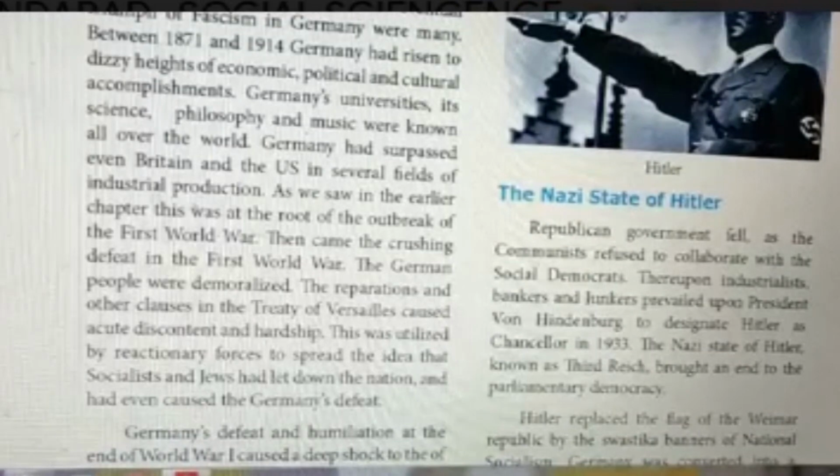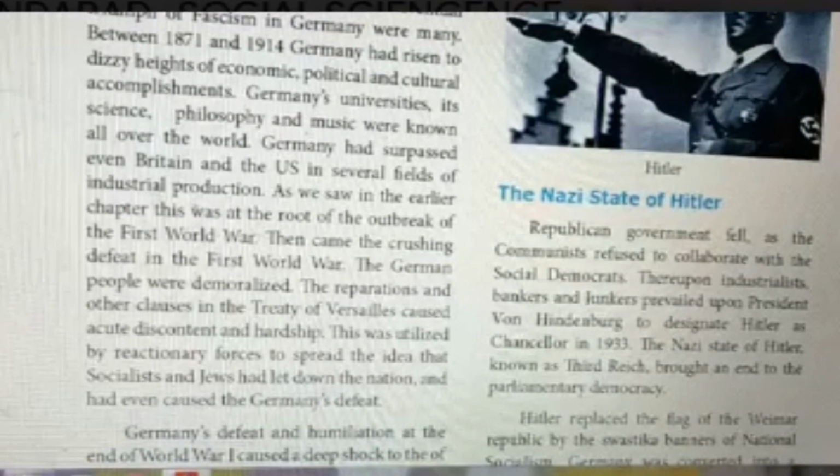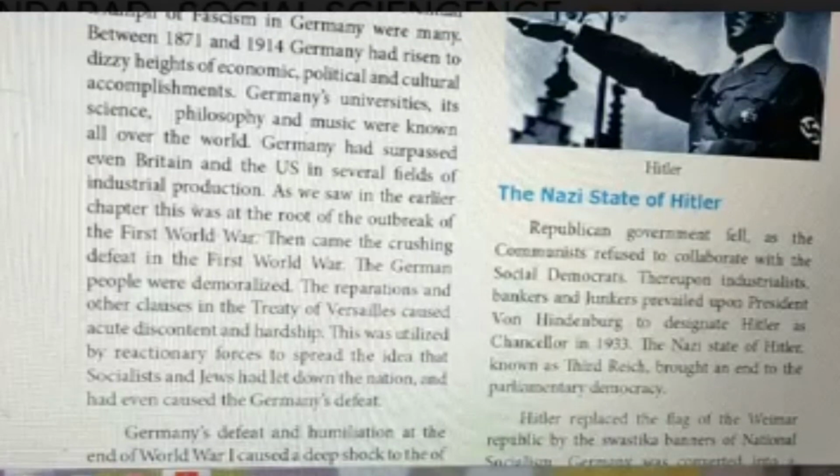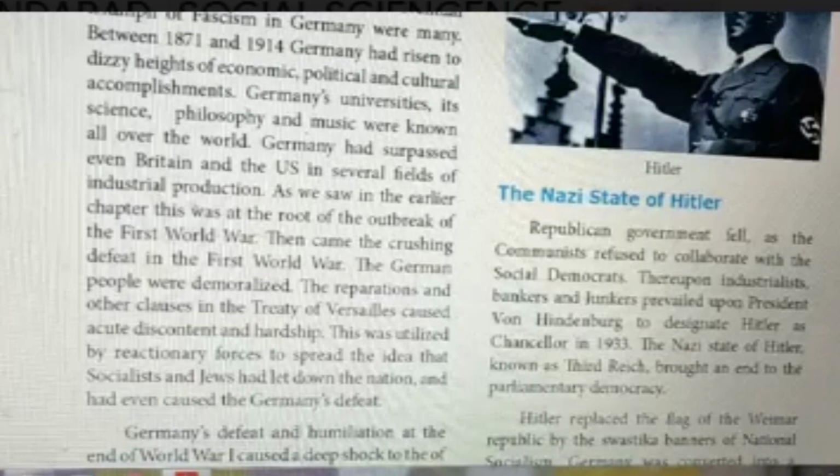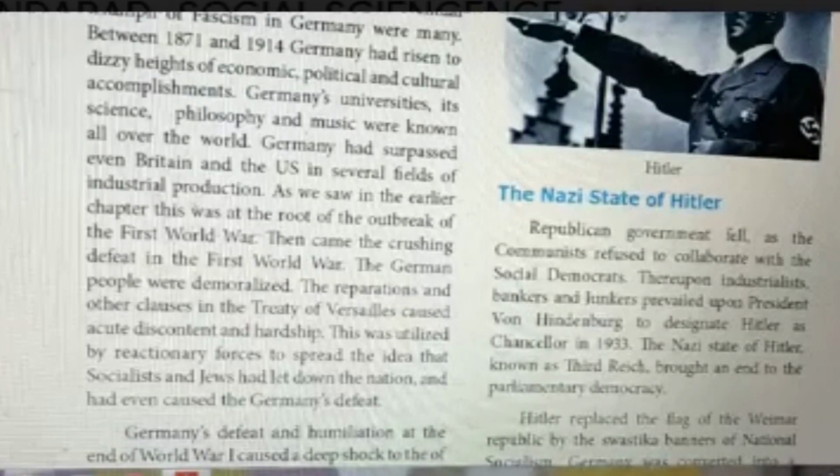Hitler opposed socialism, communism and democracy. During the elections, the Nazi party was elected with 37% of the votes in 1932, and he came to power and immediately took steps to establish undemocratic and autocratic rule.